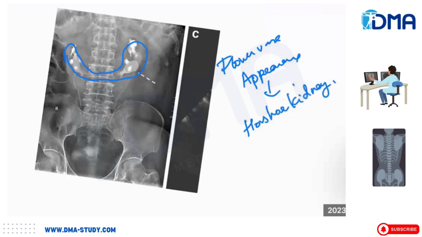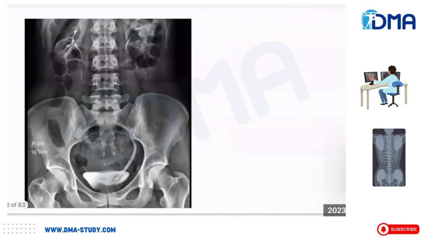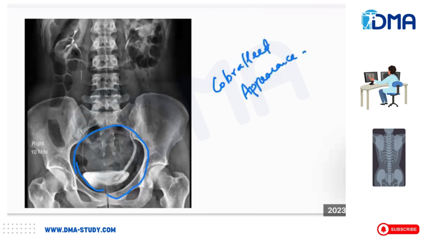Then this one, what is the answer? Ureterocele. Exactly. It's the cobra head appearance, where you see the ureterocele.